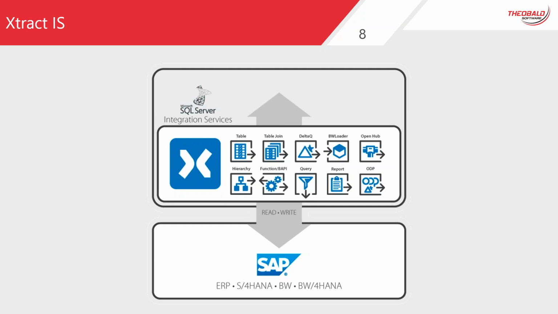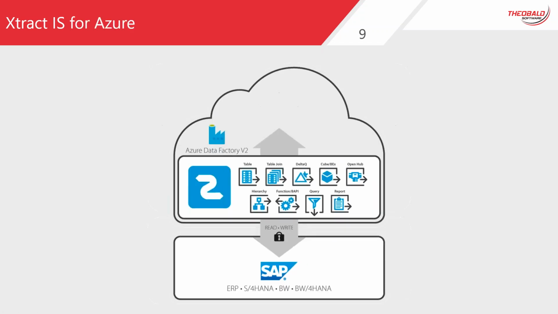So here you see the different components. That is similar for the Xtract IS version for Azure, or for Azure Data Factory. If you would like to run everything in Azure Data Factory, you have an SSIS runtime there. Your SSIS package can then be deployed to Azure Data Factory and will run in the cloud.